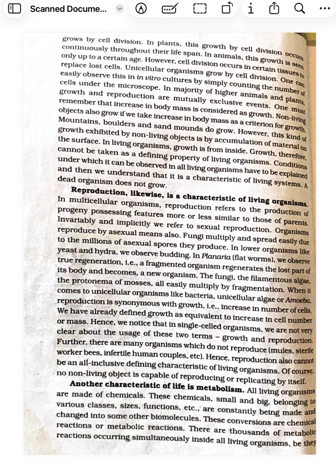But the most important thing here is to understand that metabolism is taking place mainly in two ways. One is anabolism and the other is catabolism. Catabolism, the name itself indicates something which is cut down. Catabolism means formation of smaller molecules from bigger molecules.